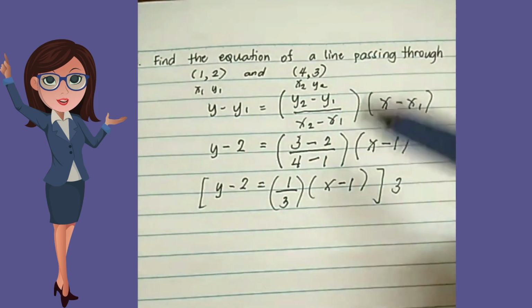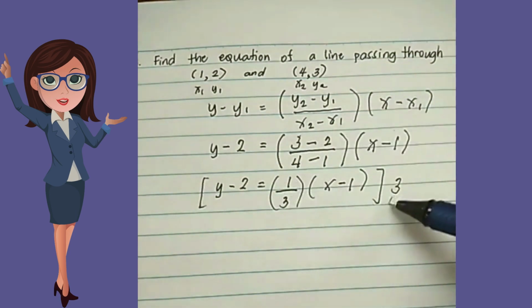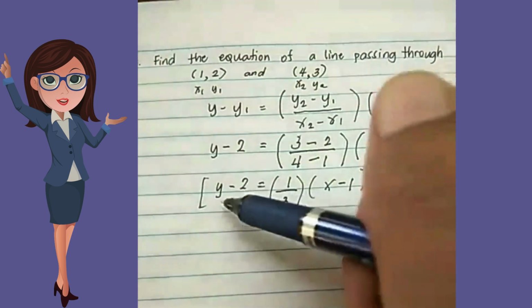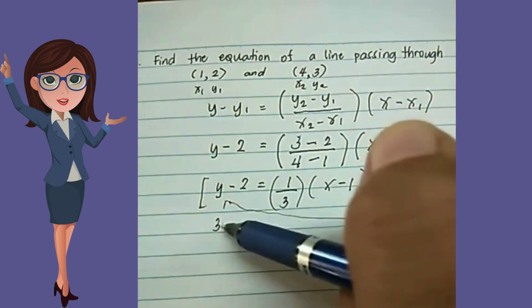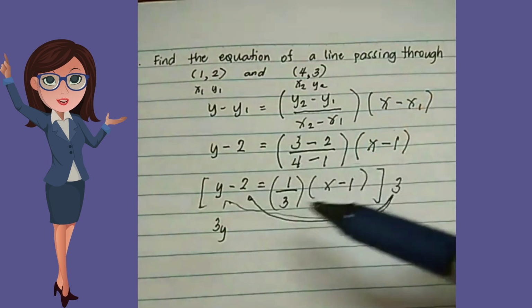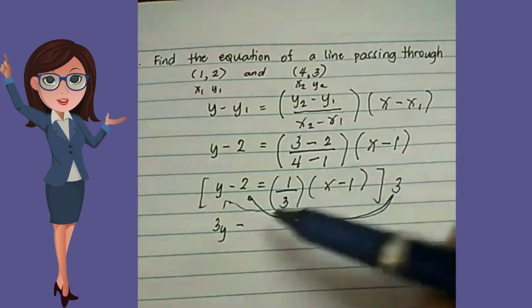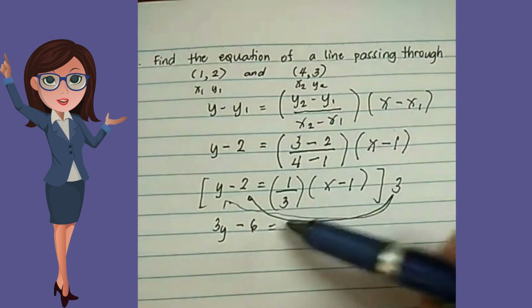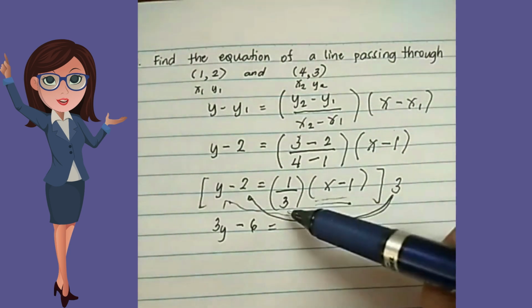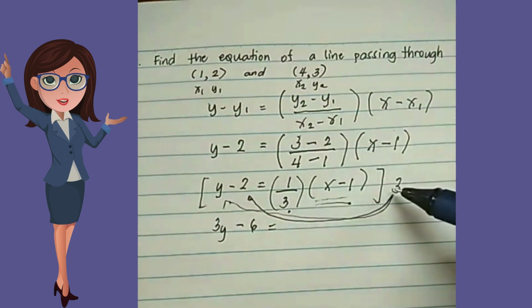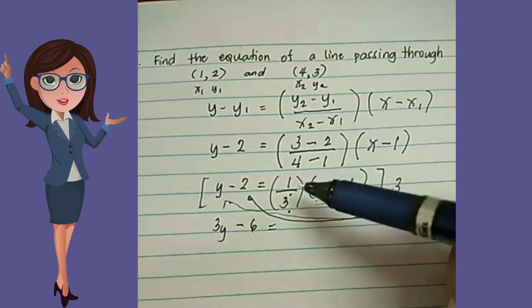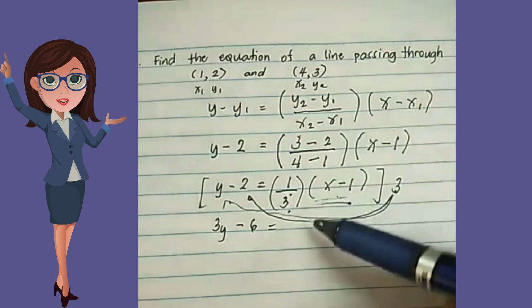Multiplying the whole equation by 3, so 3 multiplied by y will give us 3y. Then yung 3, i-multiply din natin sa negative 2. So, magkakaroon tayo ng negative 6 equals. Since etong quantity x minus 1 natin, ang isang factor niya is 1/3, kapag etong ating 3 na multiply natin sa 1/3, that will be equal to 1 multiplied by the quantity x minus 1.